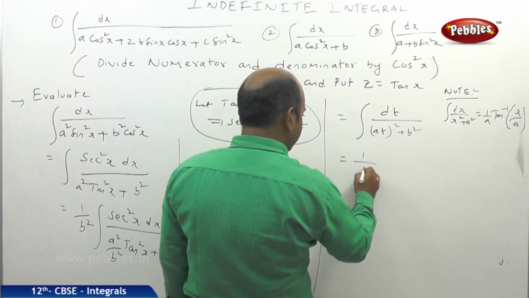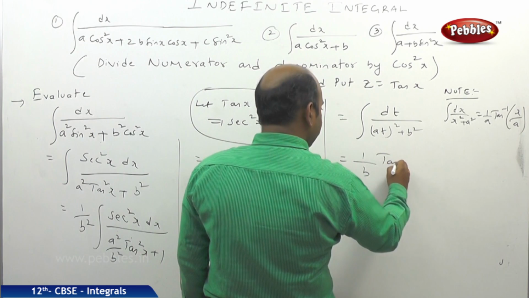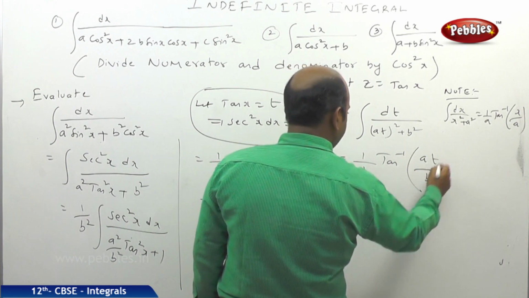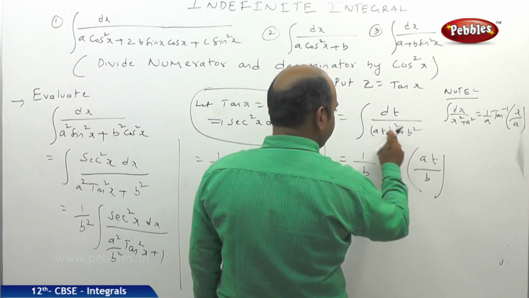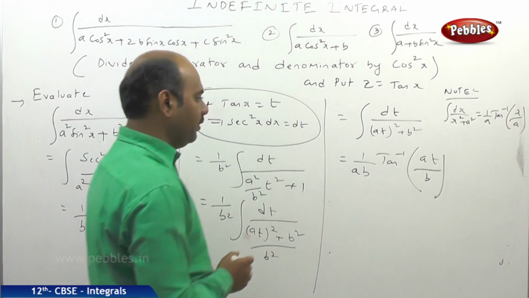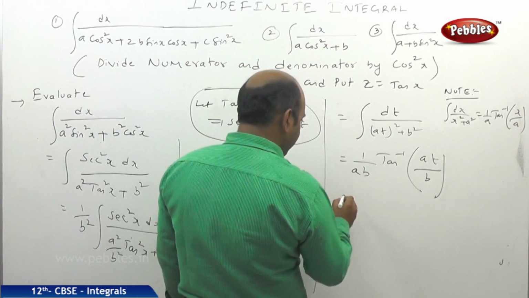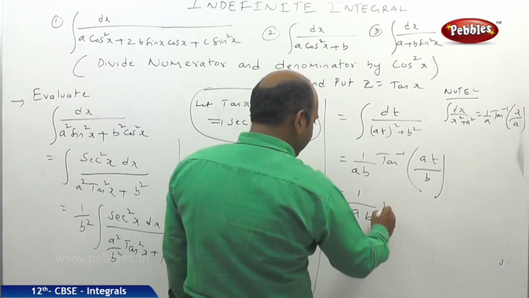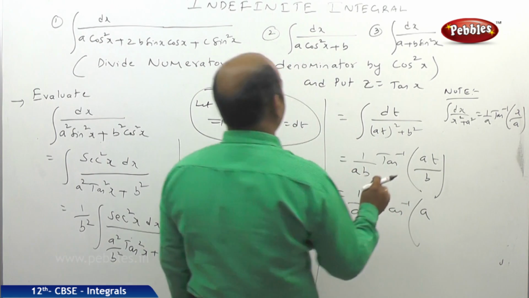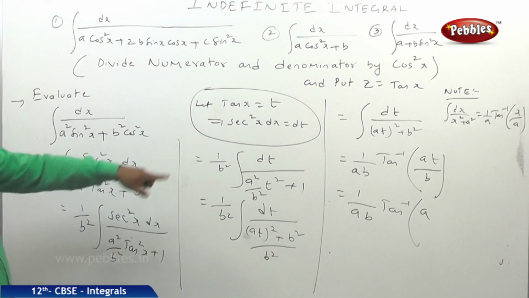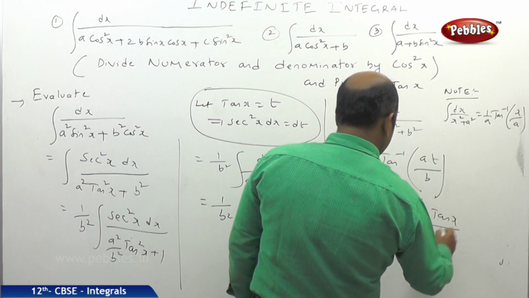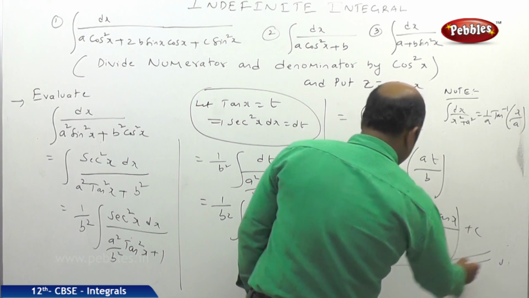So here 1 by a means 1 by b, tan inverse x, and in place of x we have t divided by b, but whatever coefficient of t is there comes to the denominator. So here I am writing 1 by ab tan inverse at by b. In place of t, what should I write here? I consider t as tan x, so tan inverse of a tan x divided by b plus c.